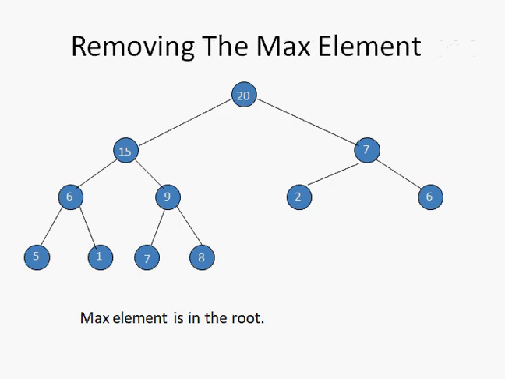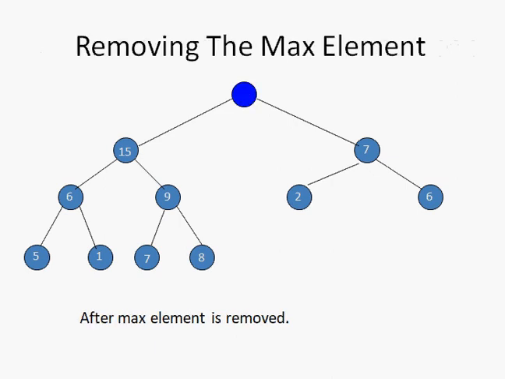So initially 20 goes, and this has to be replaced by the next maximum value. You compare the left subtree and right subtree, and 15 can go, but before doing that, first we will remove 8 from the link, because this structure has to be broken.